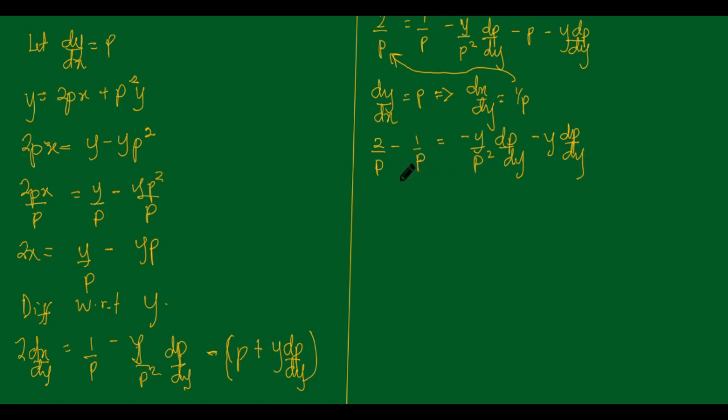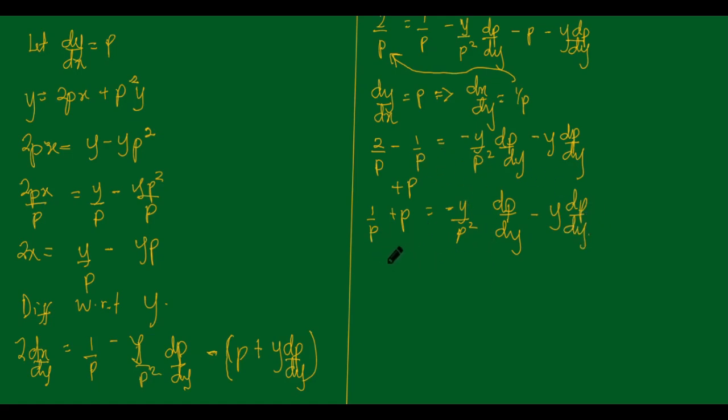Sorry, there's one more p missing here, plus p. So we have 1 over p plus p is equal to minus y divided by p squared dp dy minus y dp dy.